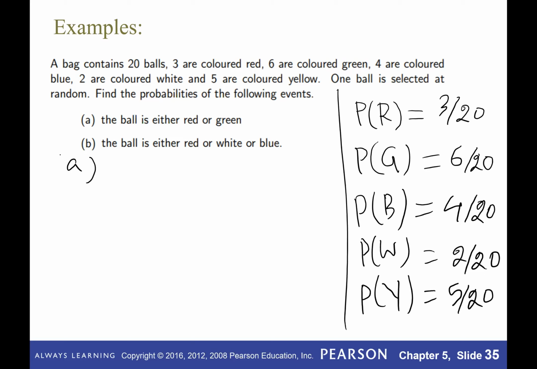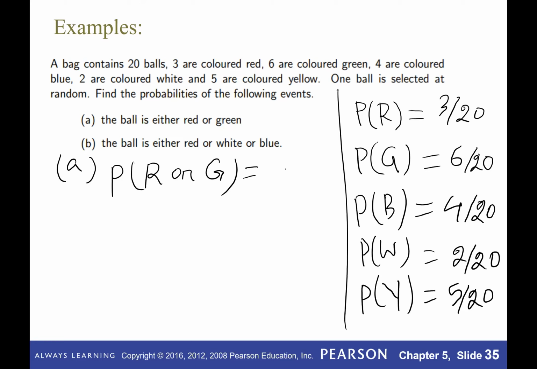Okay, so let's solve part A. We have to find the probability of either red or green. How can we calculate this probability? Are they mutually exclusive? So what should be the probability for part A? Okay, 9/20. Yes, it should be 9/20, right?